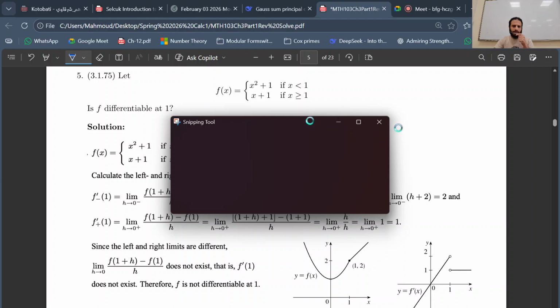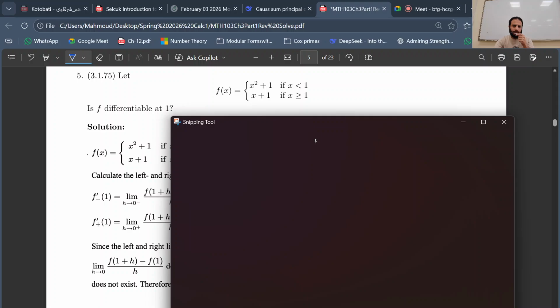So we have f prime of a equals the limit as h goes to 0 of f of a plus h minus f of a over h, right?